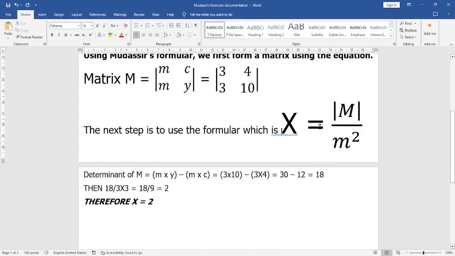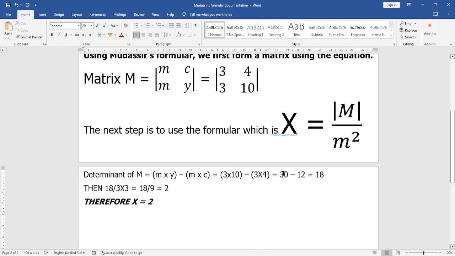So x equal to the determinant of matrix M all over small letter m square, my slope squared. Then the determinant of the matrix is given as capital M equal to m multiplied by y minus m multiplied by c, which is 3 times 10 minus 3 times 4.